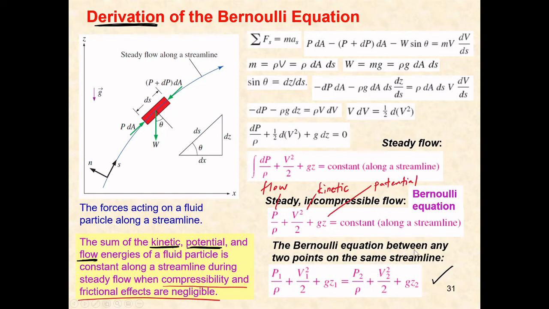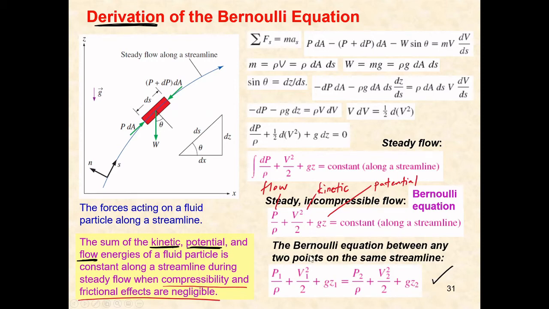The Bernoulli equation between any two points on the same streamline is shown here, and this comparison method I have shown to you in many previous slides. We can use that to find the H turbine, the H pump, H fan, even head loss, and to determine the pressure difference or the velocity.